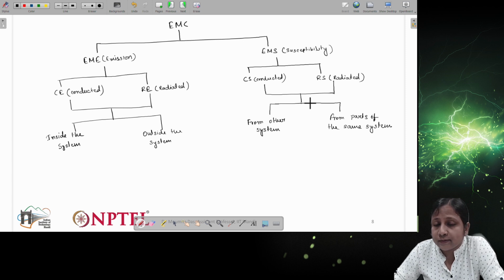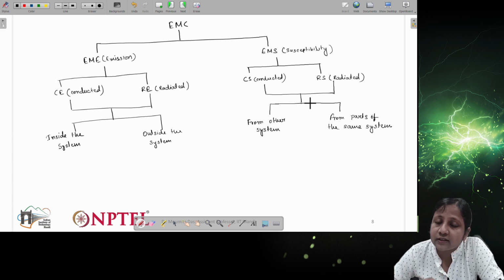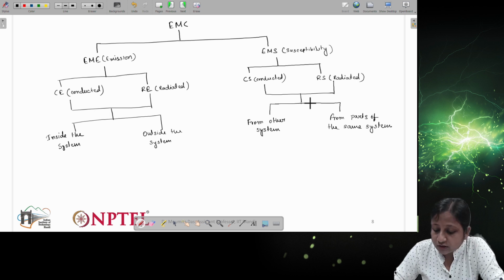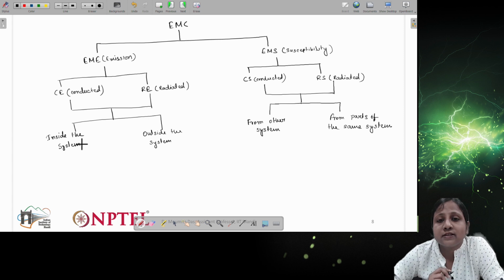It has to be susceptible if any other system is placed next to it, due to the radiation of that particular system. Or it may happen the system itself has some radiation which may affect some other part of the system.